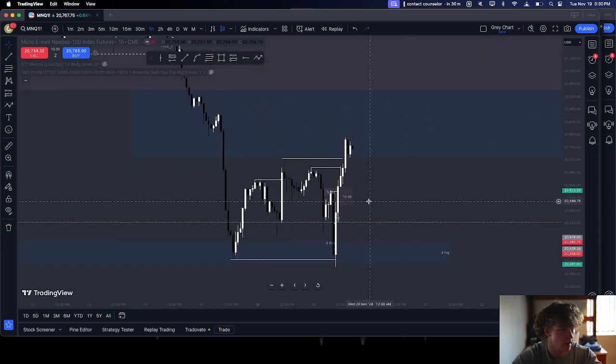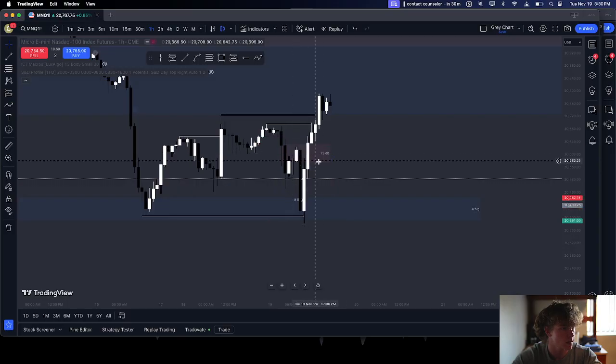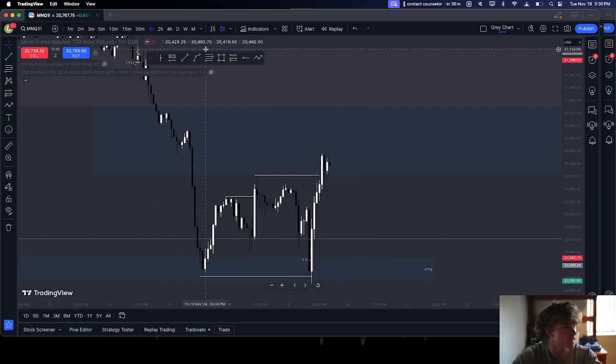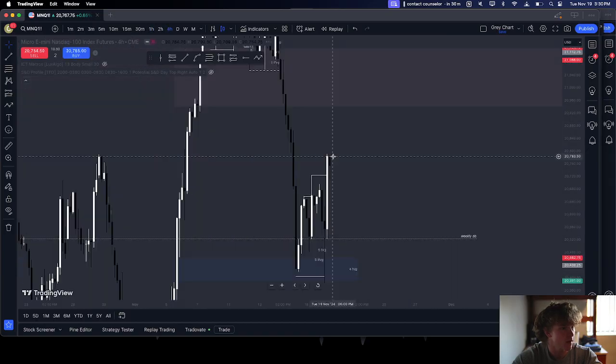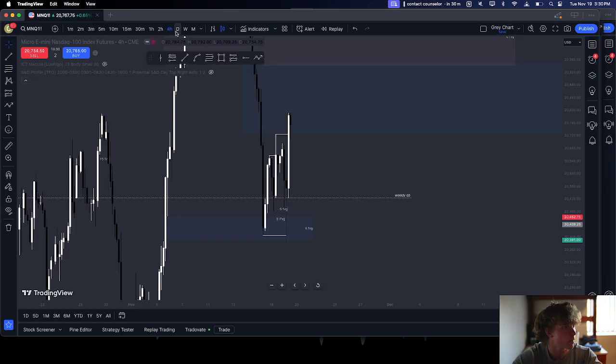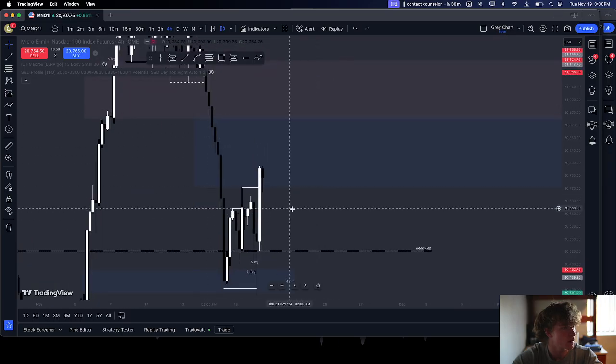So let's scale down, take a look, clear some of this up. See if we have any other smaller fair value gaps. Where'd that daily go? There's the daily.